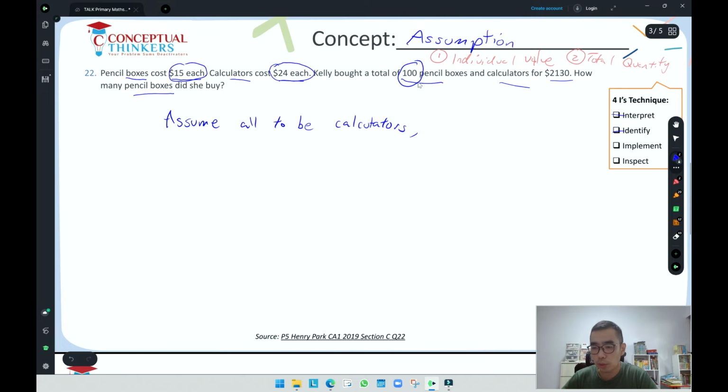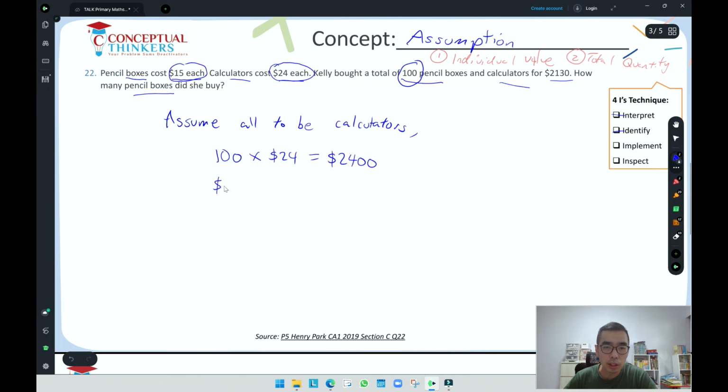We know that the total number of pencil boxes and calculators is 100, so I will assume everything to be calculators. If there are 100 calculators and each calculator costs $24, the total amount that Kelly should pay will be $2,400. But in actual fact she only paid $2,130.